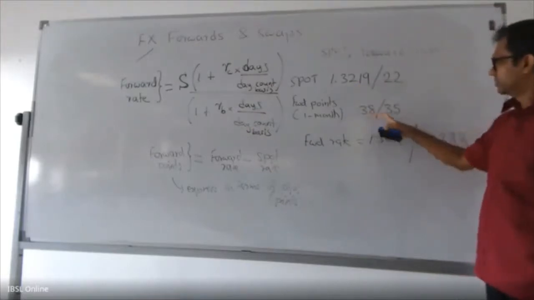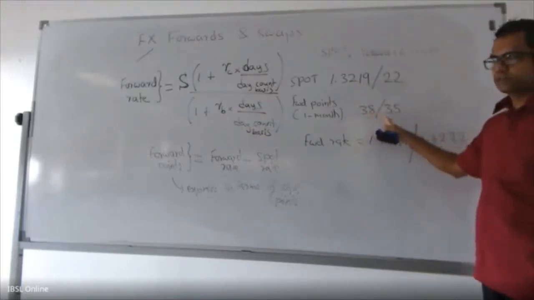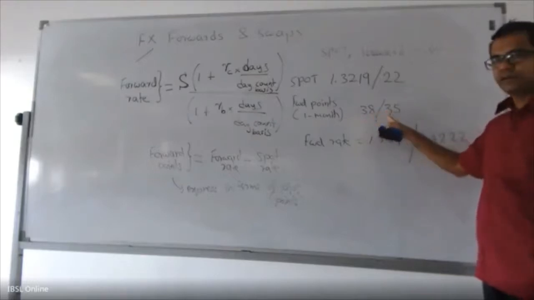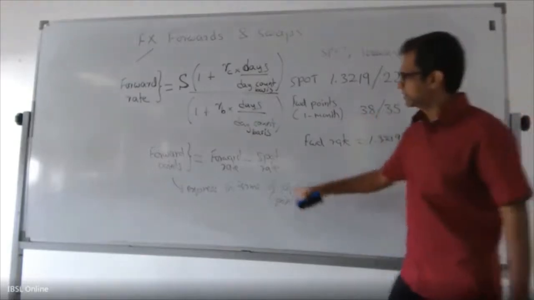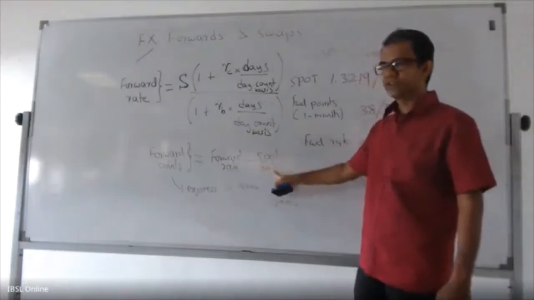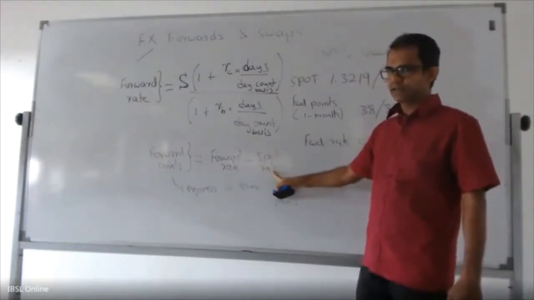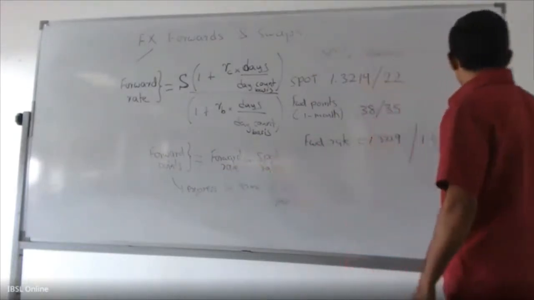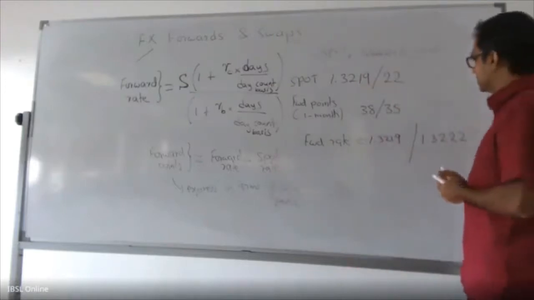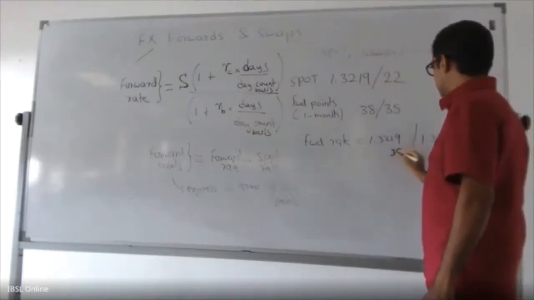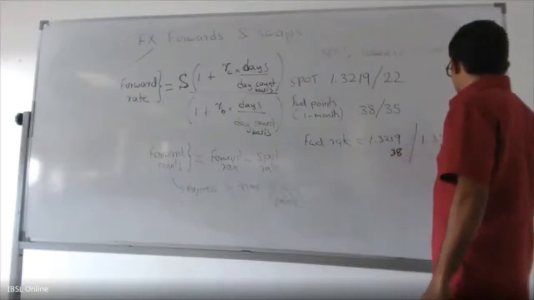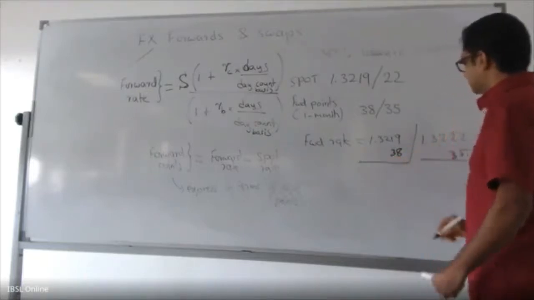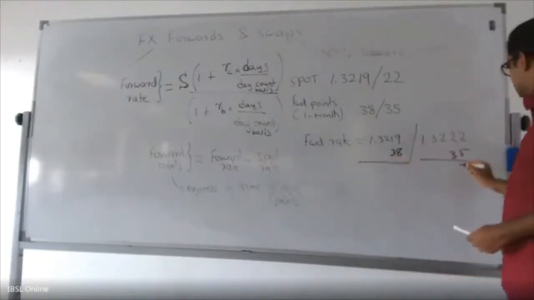What does it mean by this 38, 35? Swap points are negative. That means the difference between forward rate and spot rate is negative. In this instance, we subtract 38, 35. What are the answers?